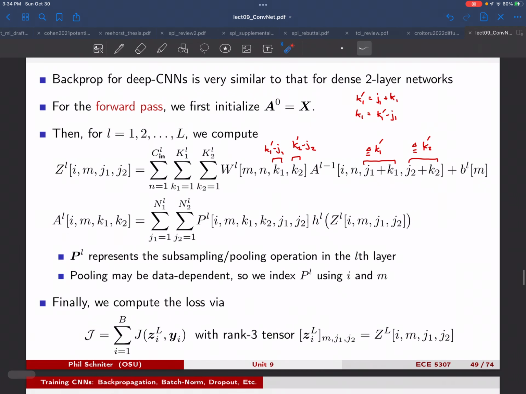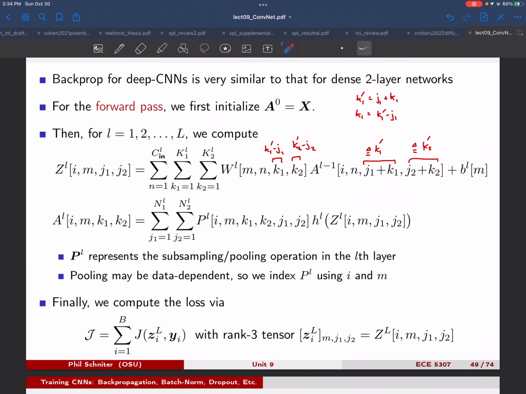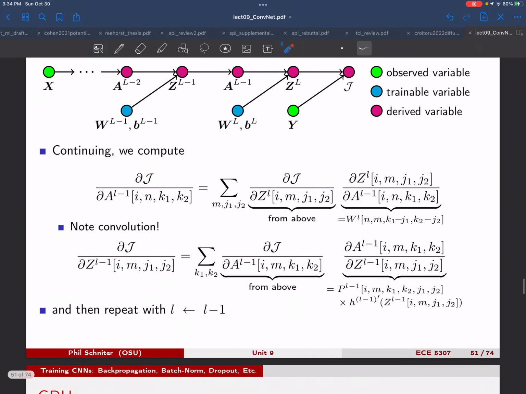That is from this equation here. When we do this divided by this, we just have to differentiate this. We basically put a prime on that H, and then we multiply it by that. That is how we got this. Here's our prime, our derivative on the activation function.